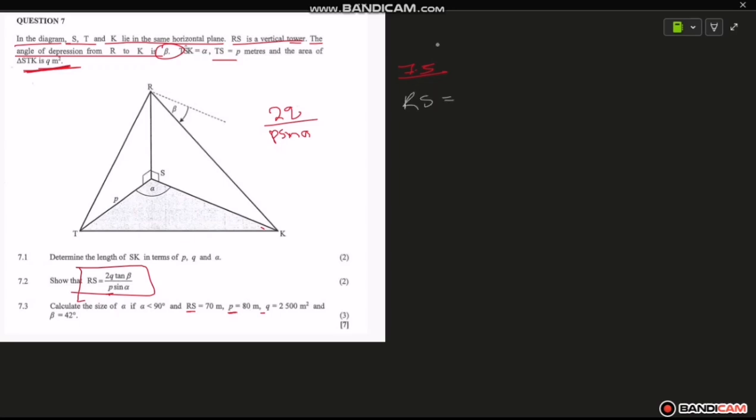Therefore, RS equal to 2Q tan B over P sine A. Therefore, RS is 70 and Q is, sorry, Q must be 2500, not 80.